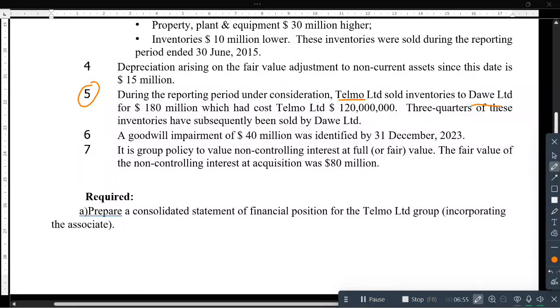Now you find in this case, the parent is selling goods to the subsidiary for 180 million, which had cost Teremo 120. This is an intra-group transaction. We shall see how to deal with that. Though they are telling us 3/4 of these inventories have subsequently been sold, we shall try to look at the intra-group transaction. We try to identify if there is any unrealized profit on this stock within the group.